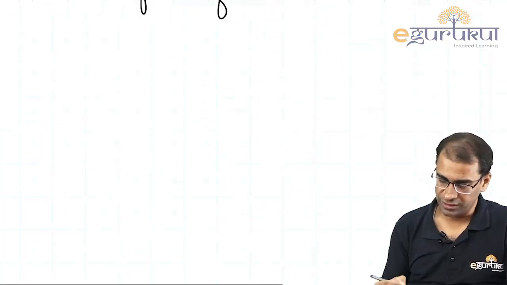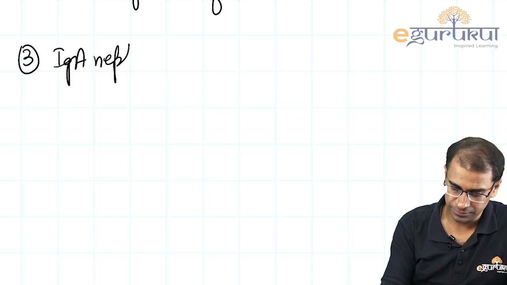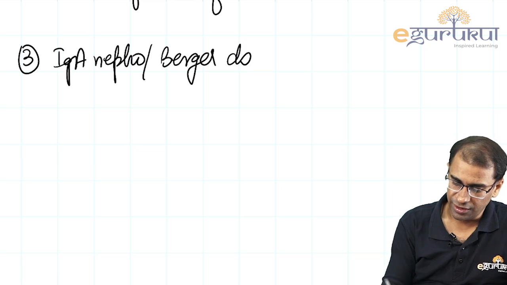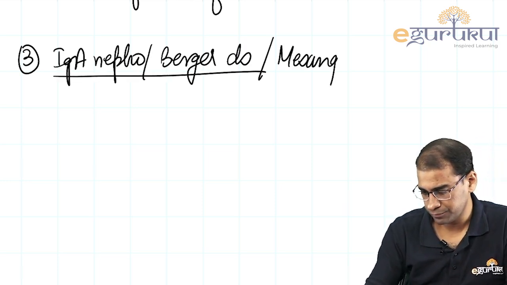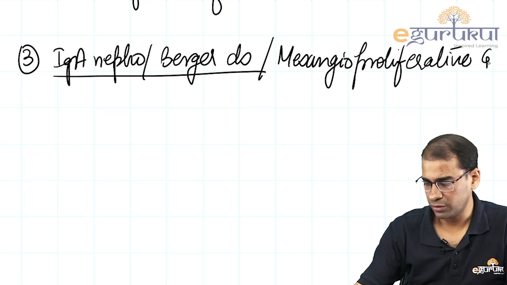The next disease we'll discuss is IgA nephropathy, also called Berger disease. Remember one thing here, this disease is also called mesangial proliferative glomerulonephritis.